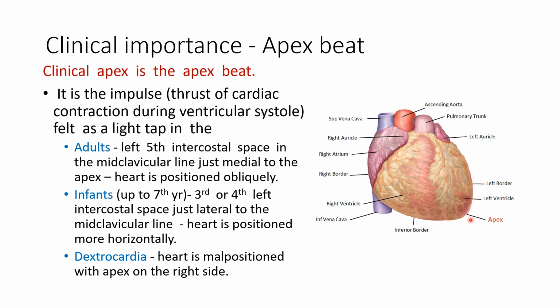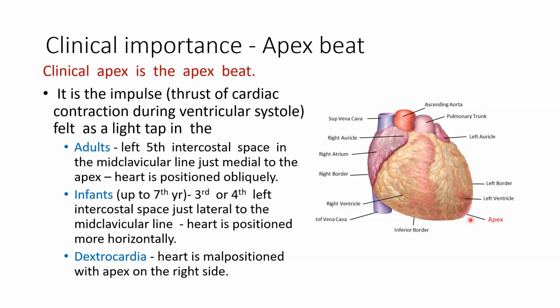Then in the case of infants up to 7 years, the apex beat can be felt in the third or fourth left intercostal space, just lateral to the midclavicular line, and the heart is positioned horizontally in infants, whereas in adults it is positioned obliquely.